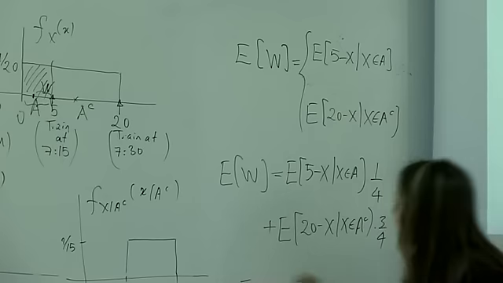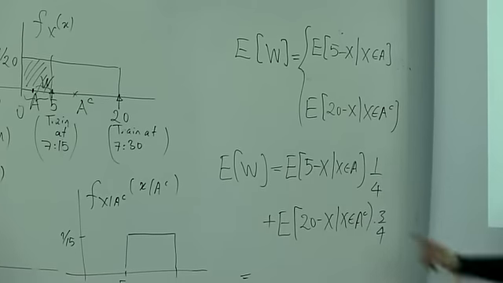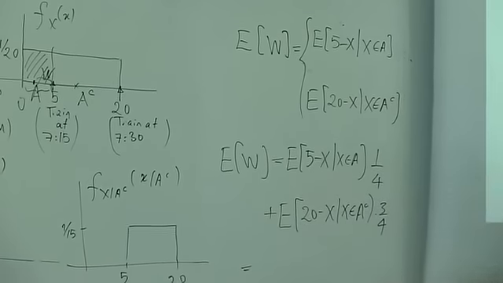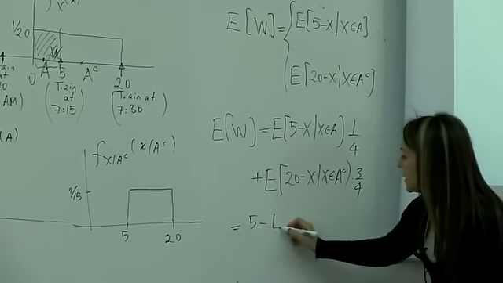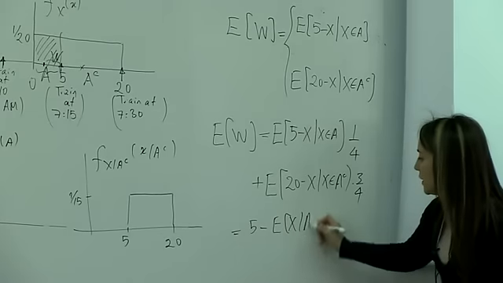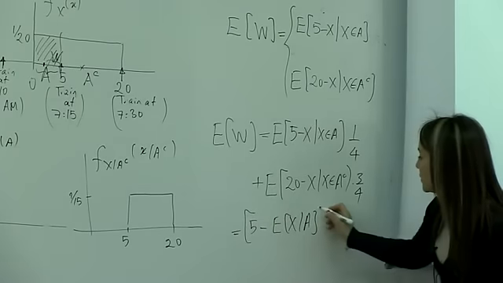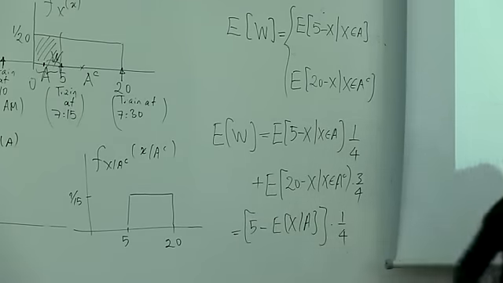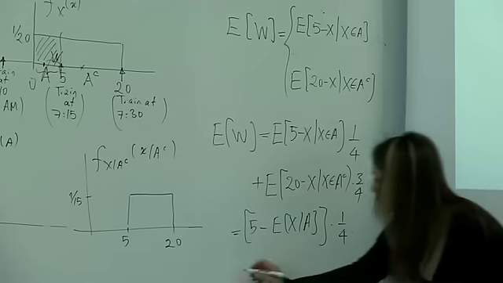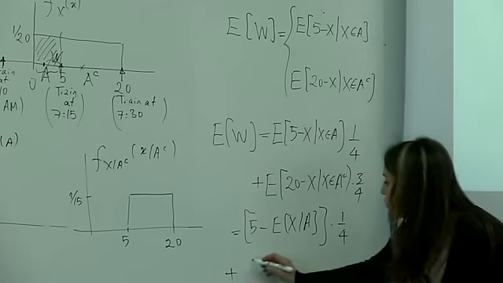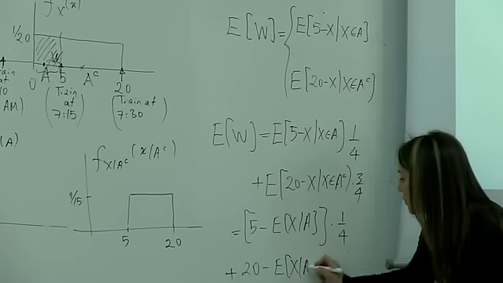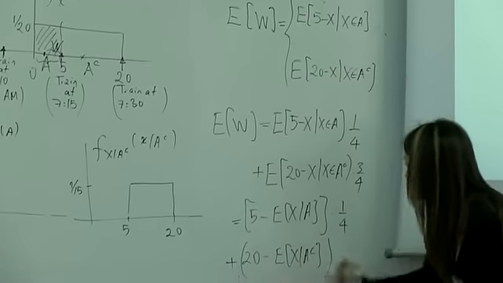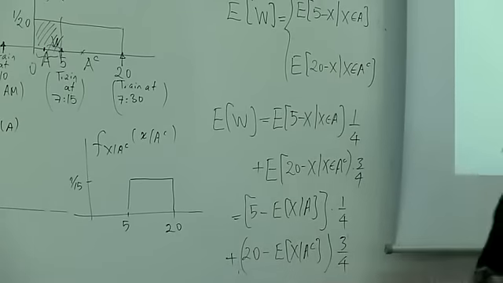Now, expected value of 5 minus x is 5 minus expected value of x given A times 1 over 4, of course, plus 20 minus expected value of x given A complement times 3 over 4.